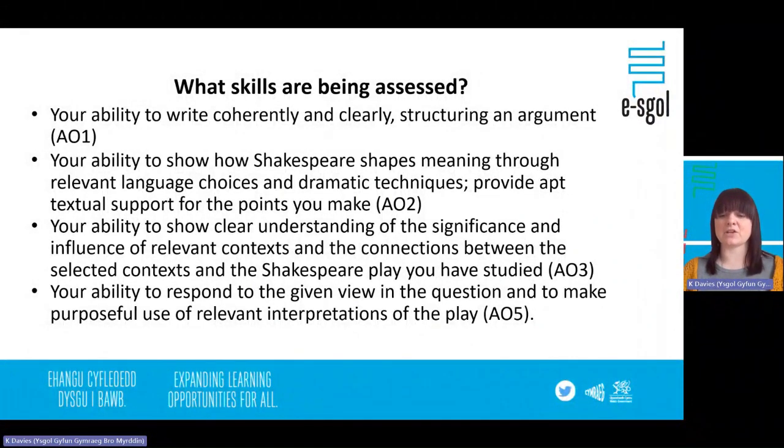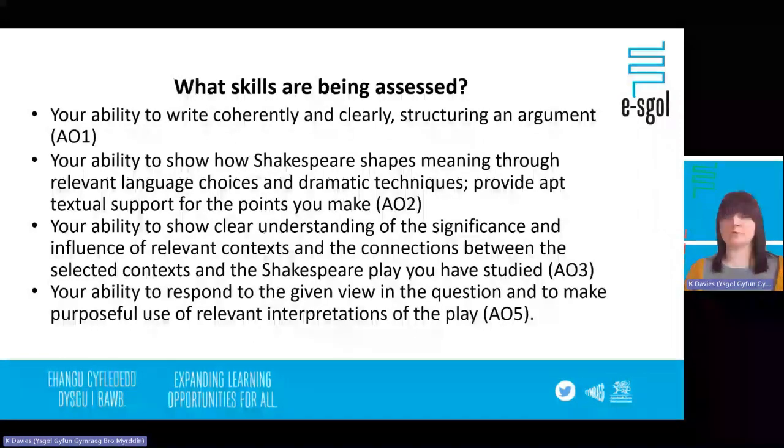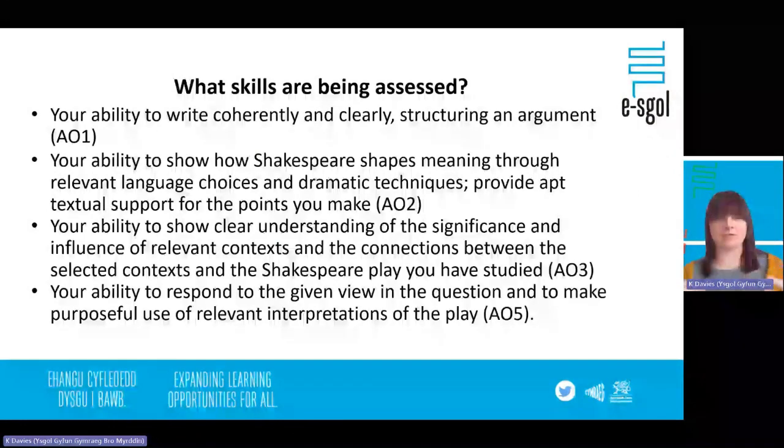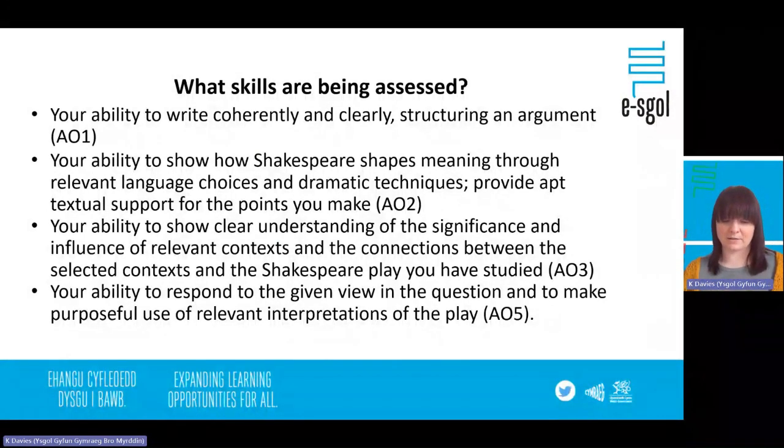So there is that expectation that you have prepared fully, you've revised, you've learned your quotations, you know the relevant contextual detail that you're going to be able to apply, and that you understand the impact and significance of it, and that you also have engaged with and prepared yourself fully by showing an appreciation of relevant critical readings, whether they be named readings, named critical quotations, or more generalized where you're talking about maybe a feminist interpretation, historicist critic, you know, you could potentially go about it a different way like that, okay?